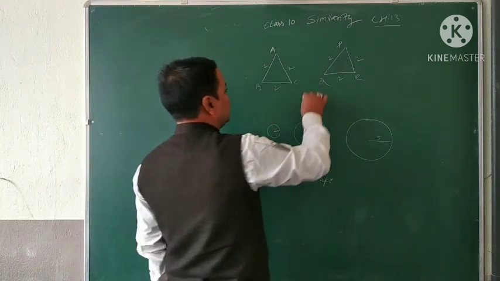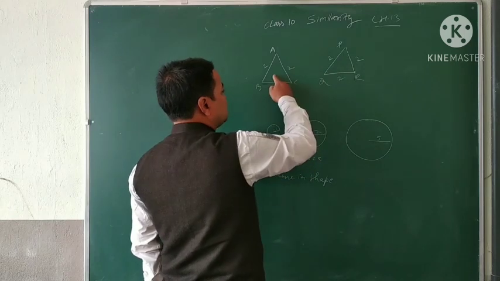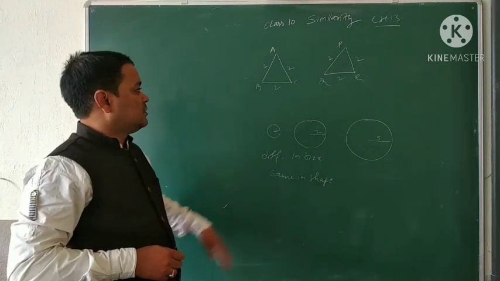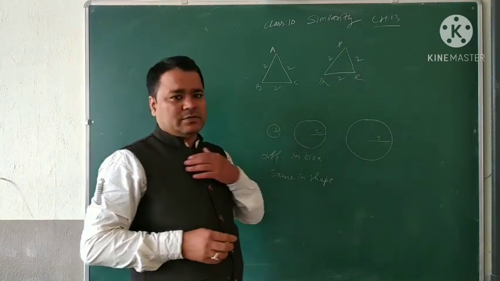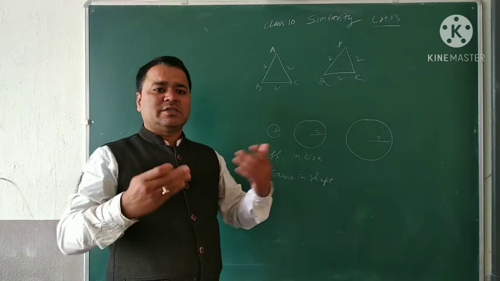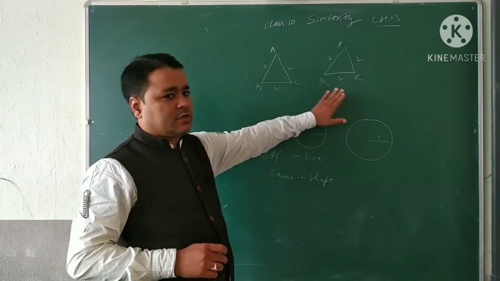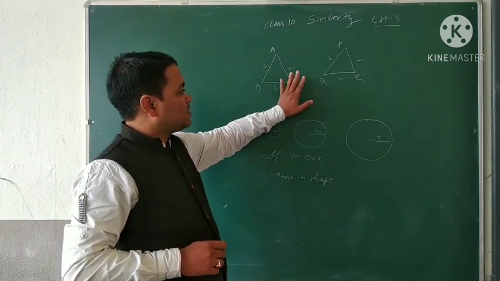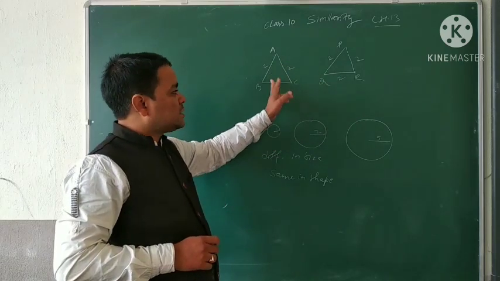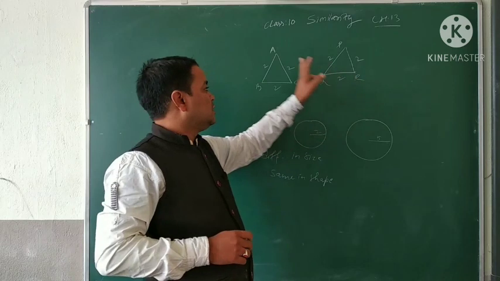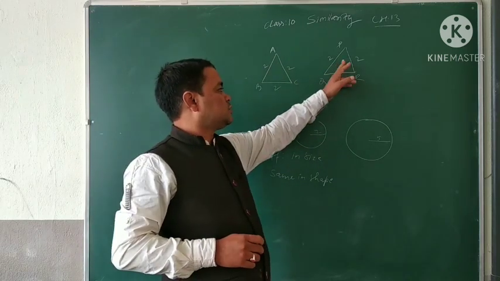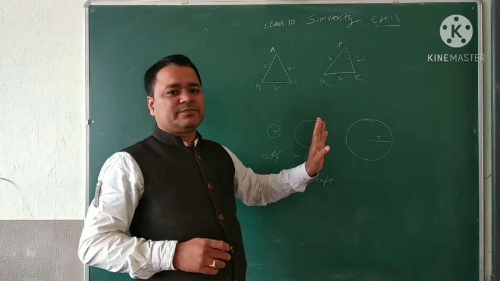Then what is the relation between ABC and PQR? ABC and PQR are similar. Their shape is triangle. This is an equilateral triangle, and this is also an equilateral triangle. 60 degrees, 60 degrees, 60 degrees. Here also 60 degrees, 60 degrees, 60 degrees.